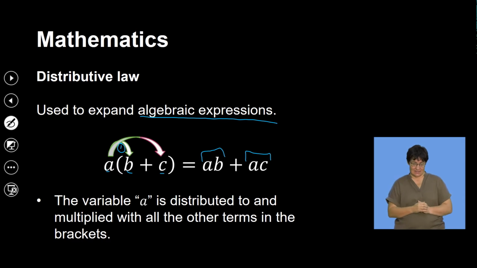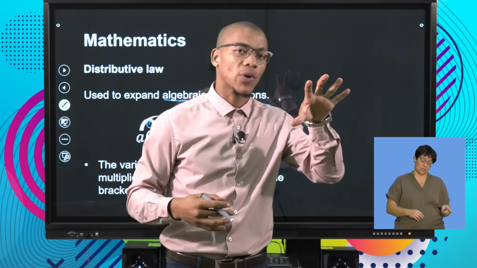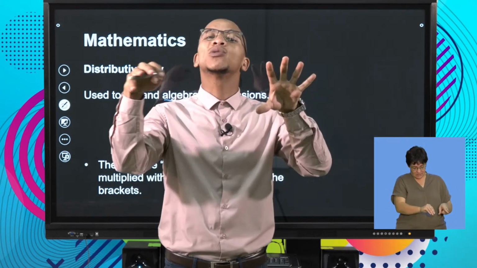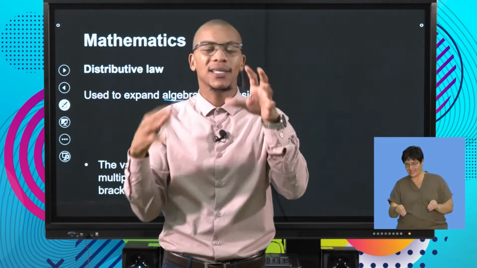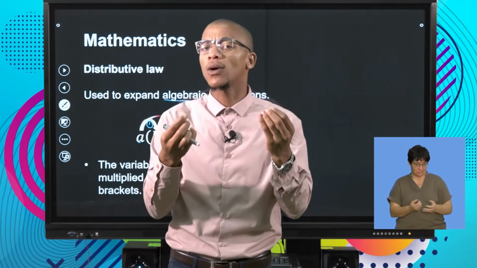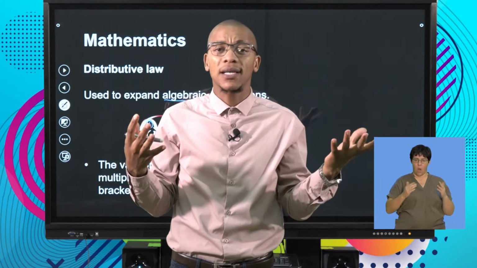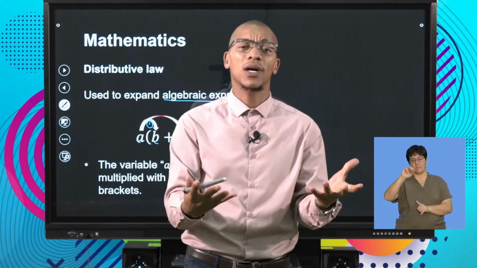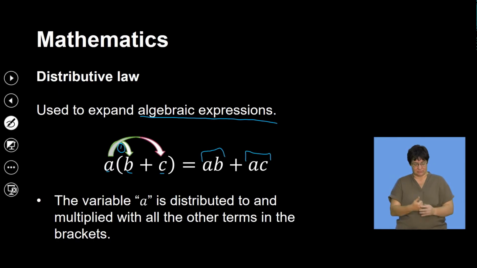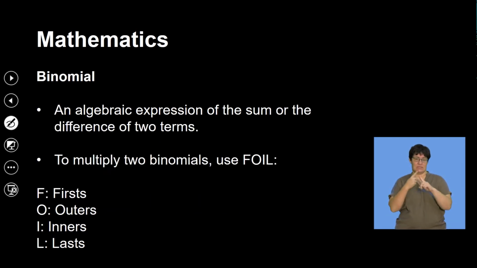Remember, guys, as it says, distributive law, you are taking what is outside the bracket and distributing it using multiplication to everything that is inside the bracket. That's what the distributive law is all about. That's how we remove the brackets after all, just to follow that BODMAS that we've been learning when it comes to algebra. Also, the variable A is distributed, as I just said, and this is done by multiplication.